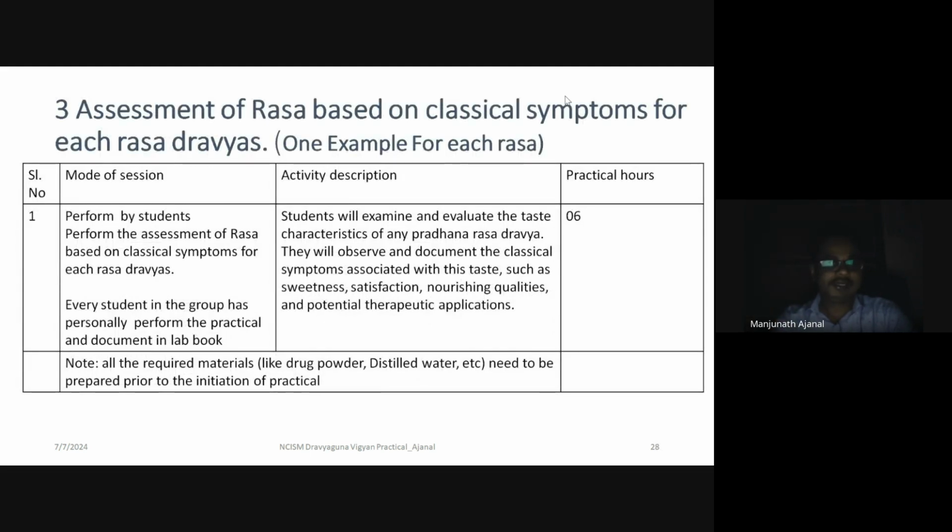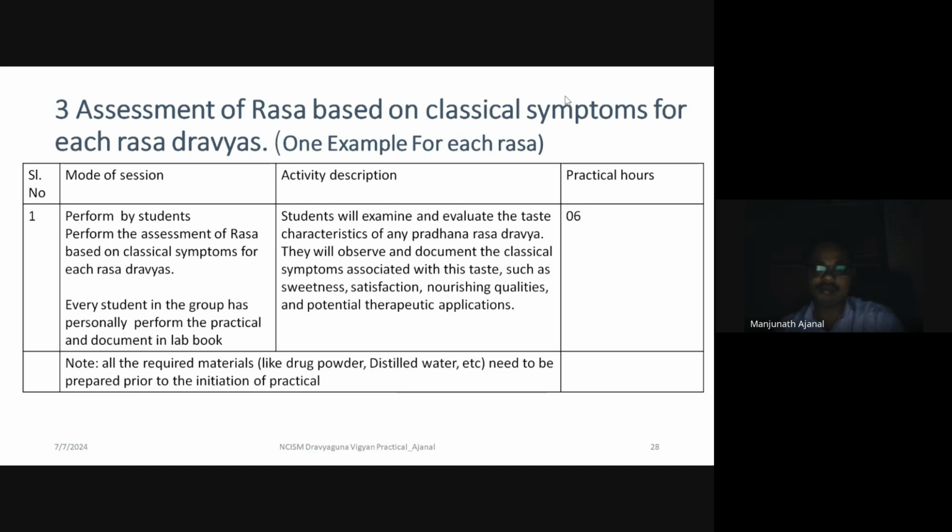The next practical is assessment of Rasa, based on classical Rasa symptoms. This is Ekala Prayoga, or assessment of Rasa based on taste threshold. This practical is again performed by the students. For feasibility, every student in the group personally performs the practical and documents it in the lab book.